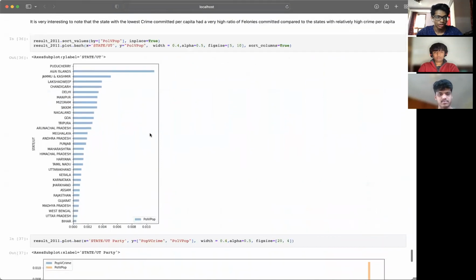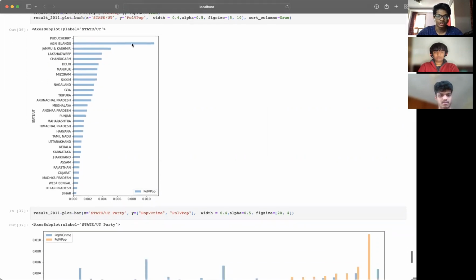Now coming to the police strength per capita, this is the graph which we got. We couldn't find any data for the police strength for Puducherry, that's why it's blank. But as you can see, Andaman, a very small union territory with one of the least populations in the country, has the highest police per capita, and even Lakshadweep and so on.